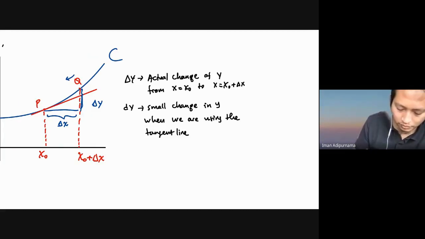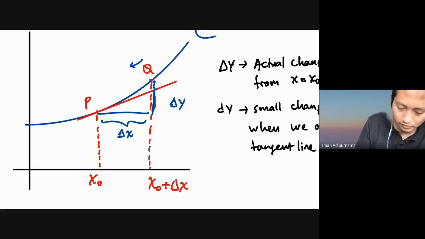So this is the delta y, and if you are looking at the tangent line, this should be dy.